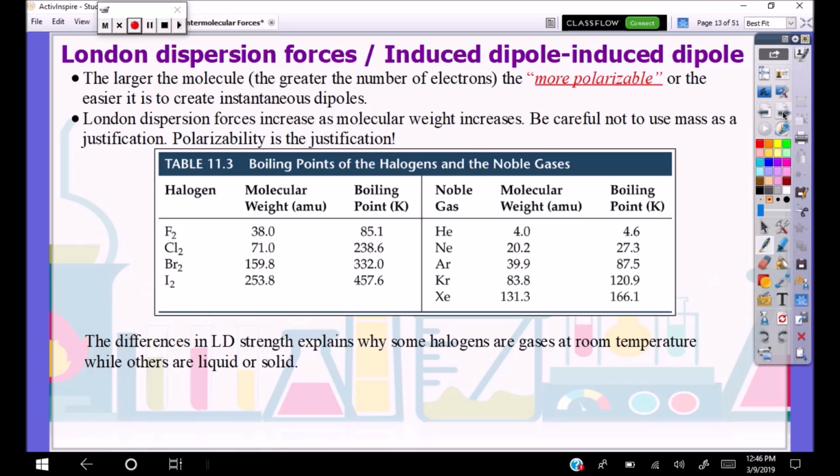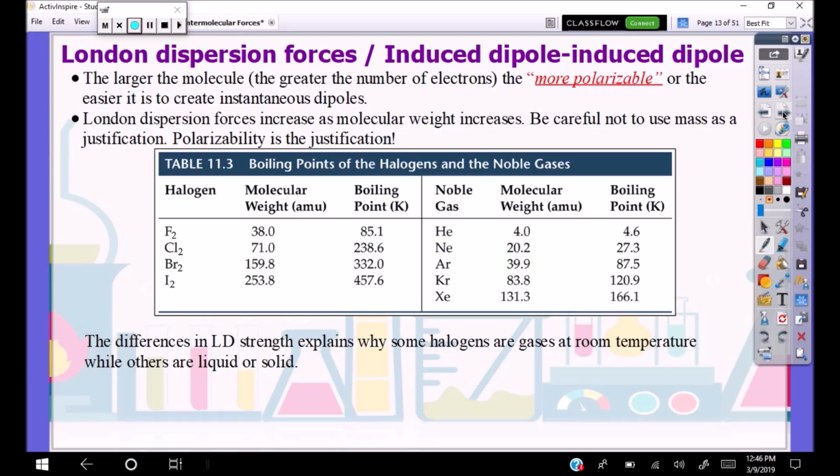There are times where, even though London dispersion is considered to be the weakest of the intermolecular forces, if it's large enough, it could actually have a greater effect on the boiling point than some of the other intermolecular forces. If you look at some of this data here, that's where things are interesting.